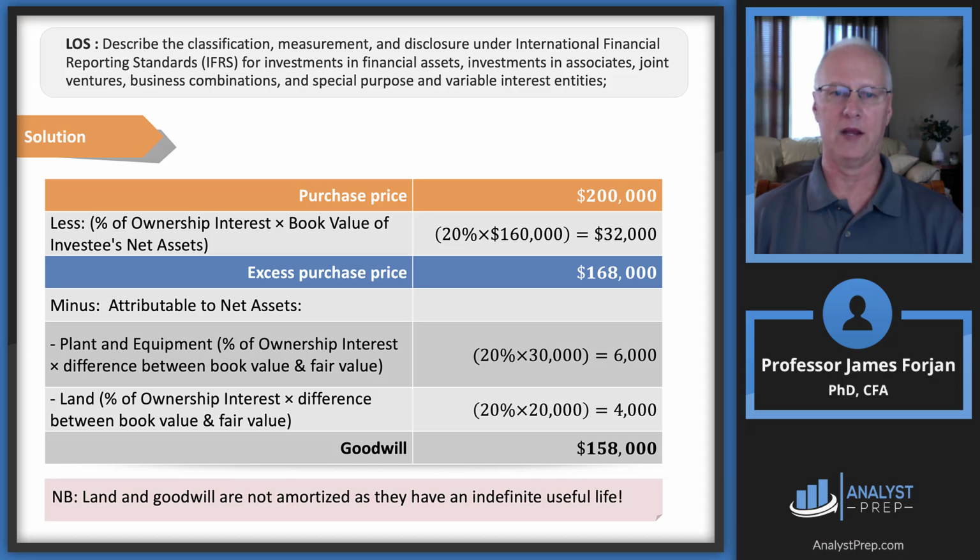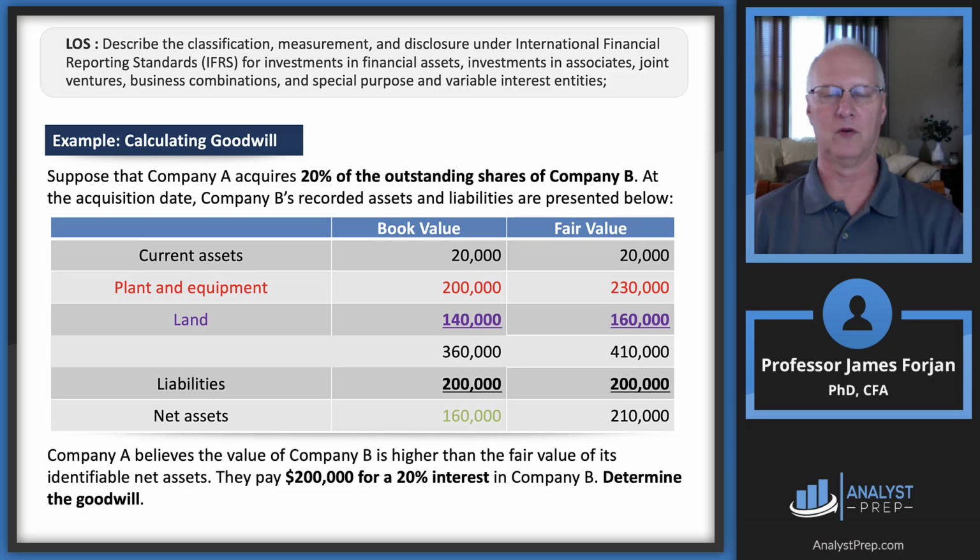Then we need to take into account the differences between plant and equipment, and land. So we're going to take 20%. So notice there's 20% in the far right column there under both rows. But under the plant and equipment, we're going to multiply it by 30,000. So let's look at the red, right? There's the 200 and the 230. So there's the 30,000.